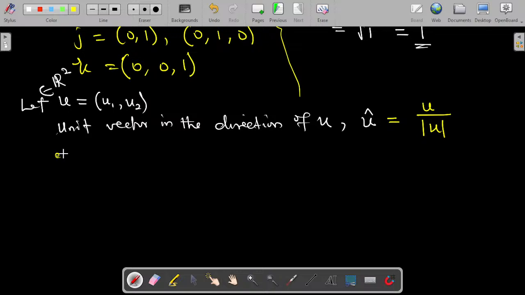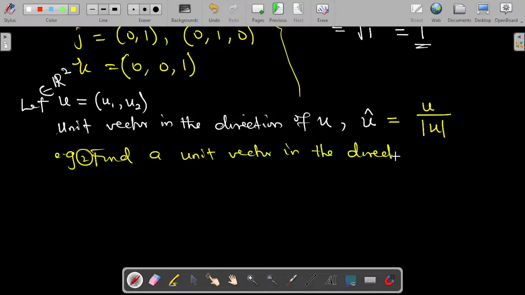Look at this example. Let me call this example 2 because we have done 1 before. Find a unit vector in the direction of u, and u is given as 4i minus j plus 5k.